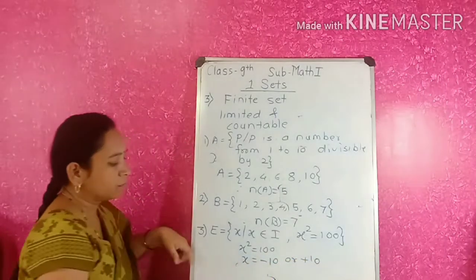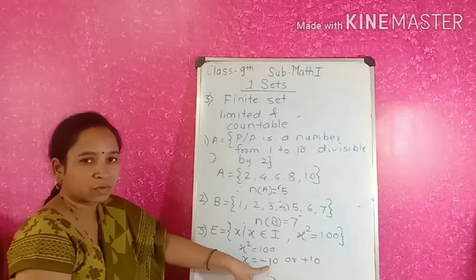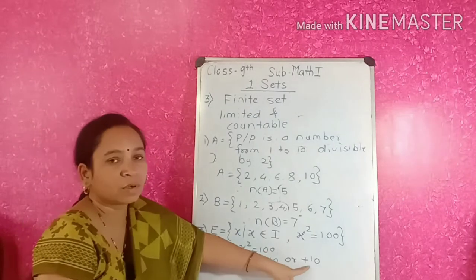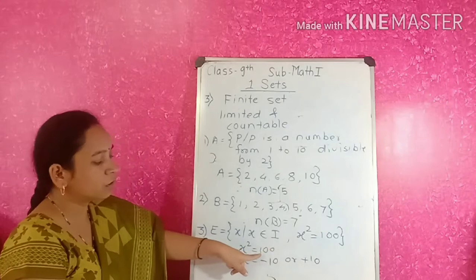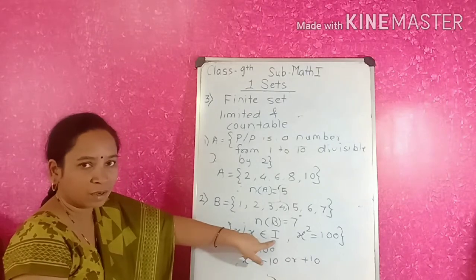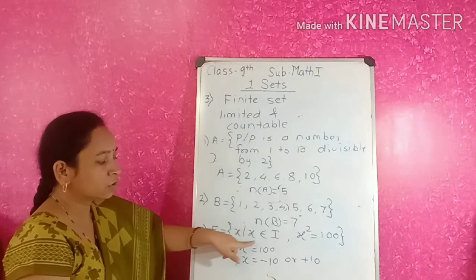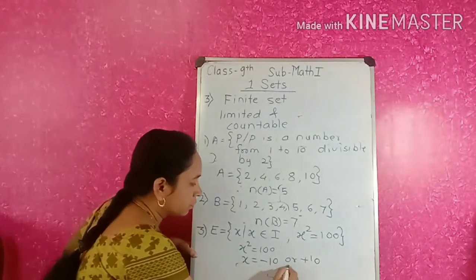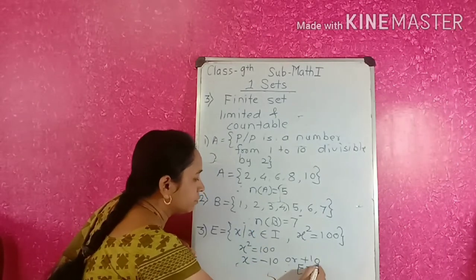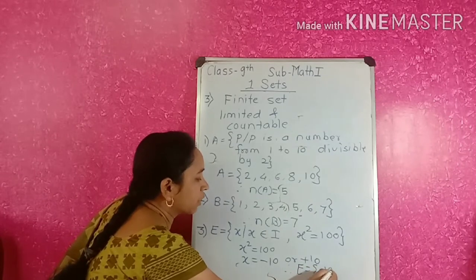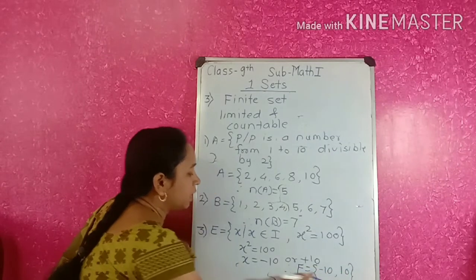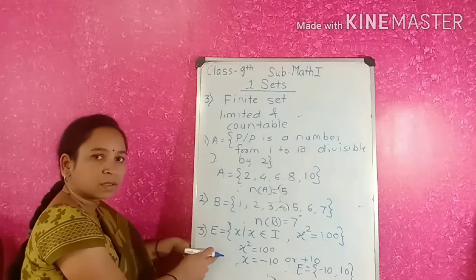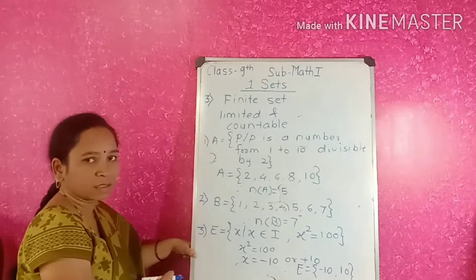If you check it, negative 10 square is 100, and positive 10 square is also 100. Here I has been mentioned, I means integer. So an integer may be positive or negative. So here E will have minus 10 and 10. That means E has how many elements? 2 elements. So it is a finite set.